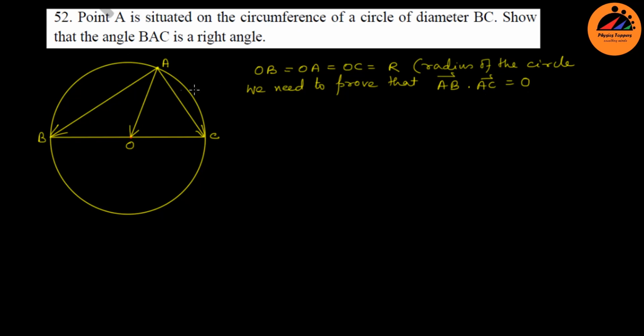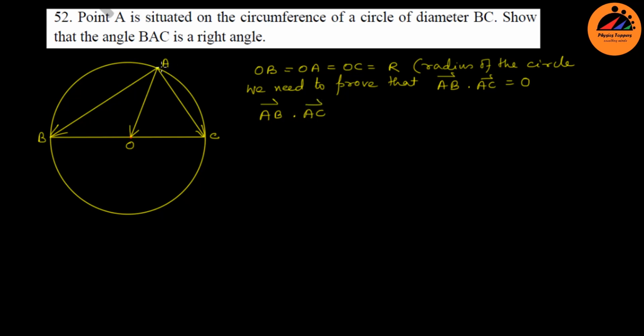If you can prove this, then automatically the angle BAC is 90 degrees. So how can you do this? We need to prove this. So let's take AB dot AC.